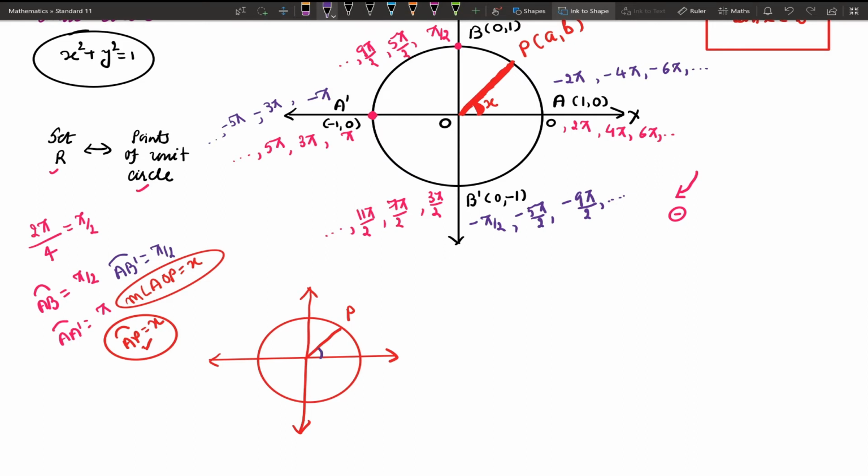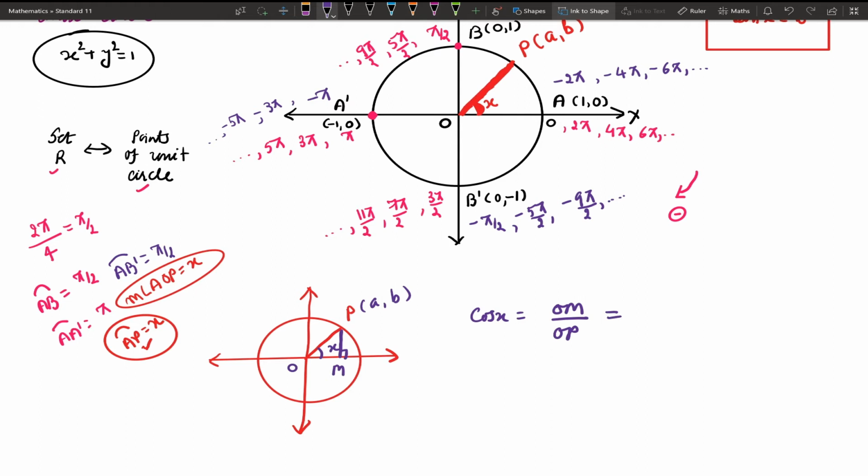Now if this angle is x, recall your old definition. This is origin O, and P is (a, b). To get the x coordinate, you take the foot of the perpendicular on the x axis, say M. So cos x is the adjacent side OM upon OP, the radius.